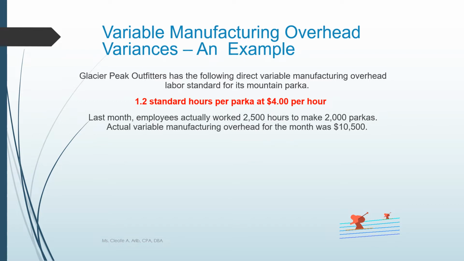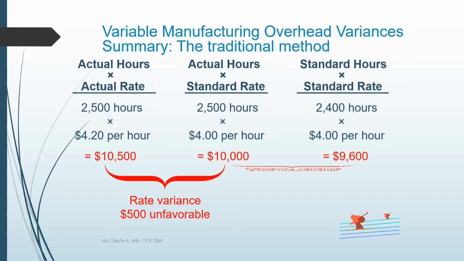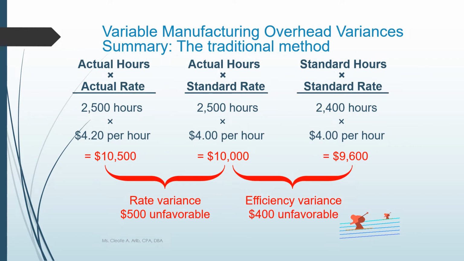And the company spent a total of $10,500 for its variable manufacturing overhead. So just like labor and materials, I will still use the traditional method in the computation of the variable manufacturing overhead variances. So let's begin with your rate variance.